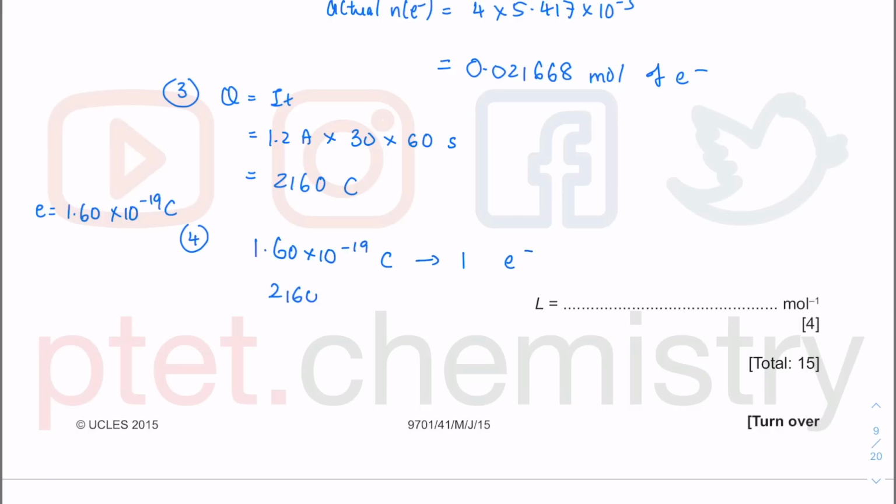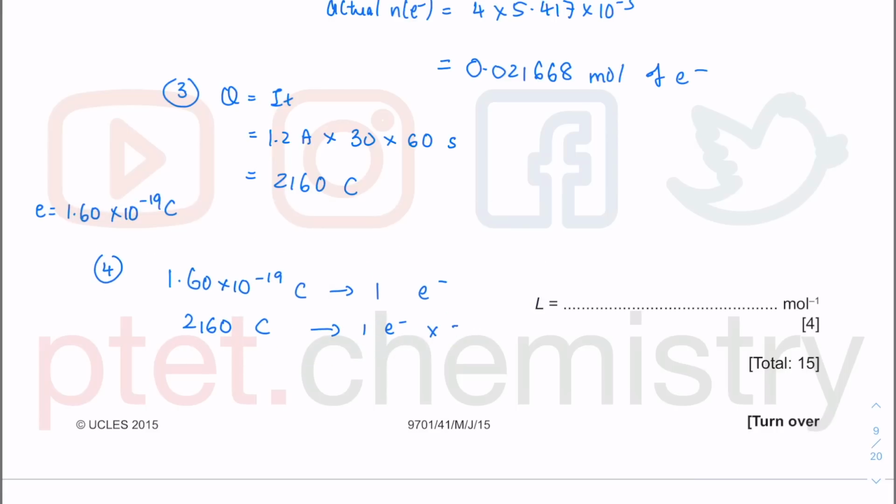So 2160 coulomb is for how many electrons? Yeah, that seems to be the right way around. For direct proportion, if you have a greater charge, you must have a greater number of electrons. So 2160 divided by 1.6 times 10 to the minus 19, I get 1.35 times 10 to the 22 electrons. This is the number of electrons.